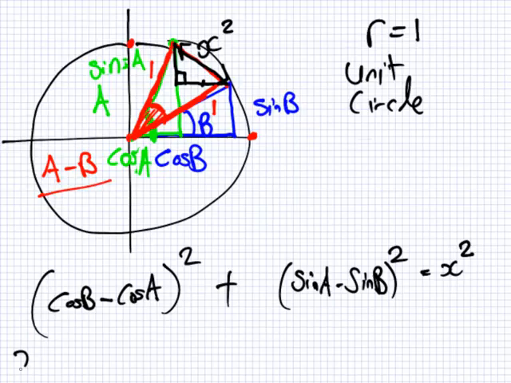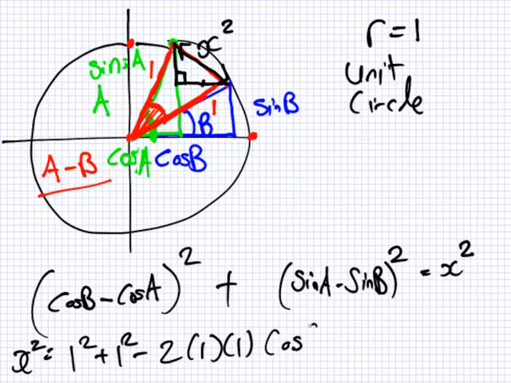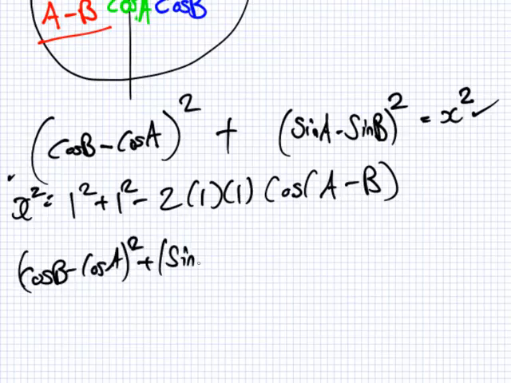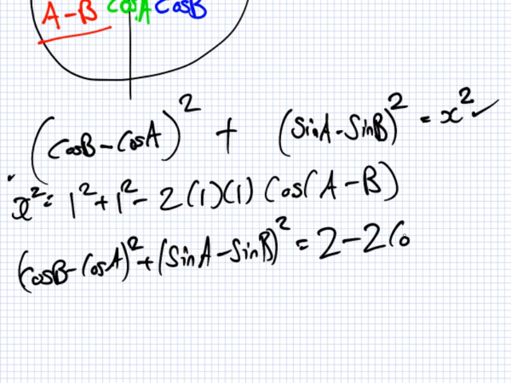The cosine rule says x squared equals 1 squared plus 1 squared minus twice 1, 1 cos A minus B. Now because that's equal to x squared and that's equal to x squared, we can say cos B minus cos A squared plus sin A minus sin B squared equals 2 minus 2 cos A minus B. Okay, I'll give you a minute to catch up here.